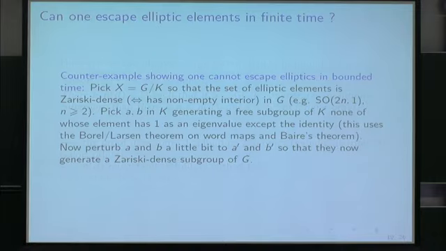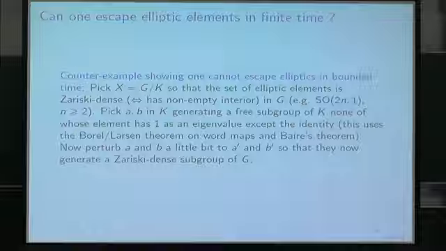So I promised: why can't you escape elliptic elements? Here is a counterexample. It works in certain symmetric spaces and not in others. It's a fairly simple-minded example: you take a symmetric space G mod K, and you take one such that the elliptic elements in G are Zariski dense.